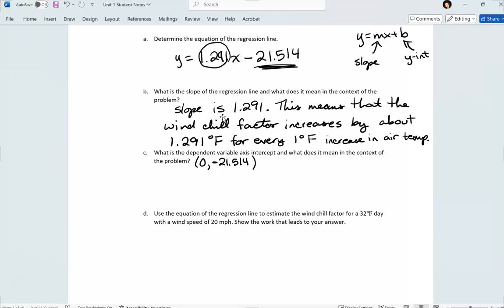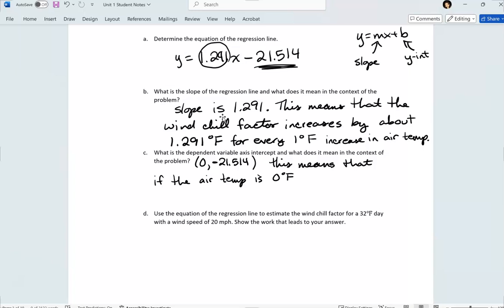Well, it means that if the air temperature is 0 degrees Fahrenheit, right?